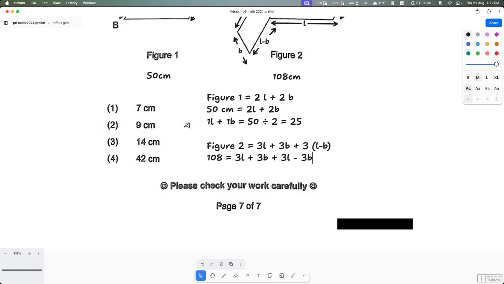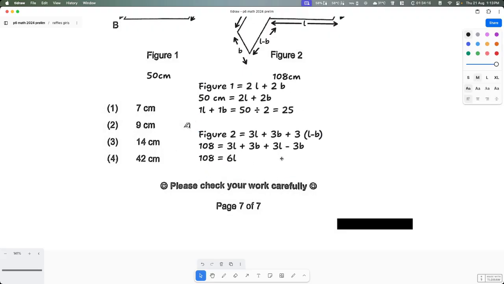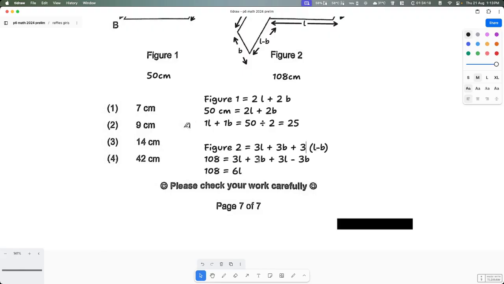So 108 will be 6L, because the 3B and minus 3B cancel each other out. Great. Then 1L is equal to 108 divided by 6.